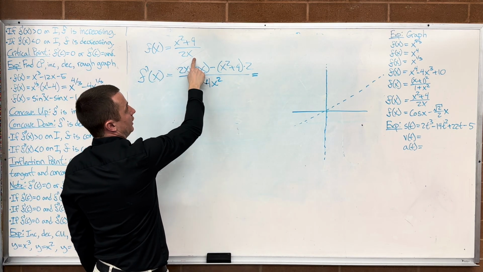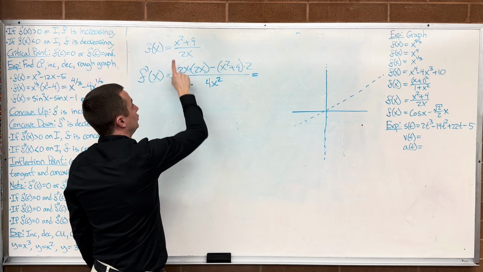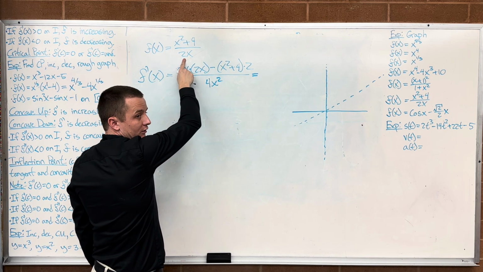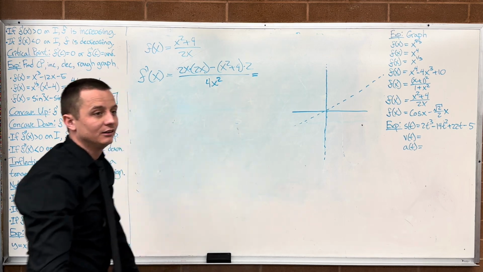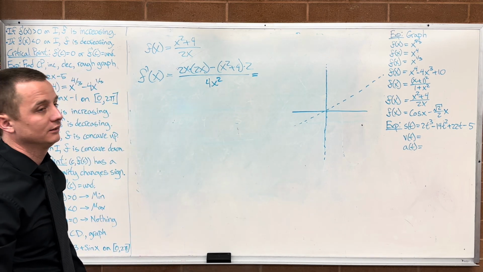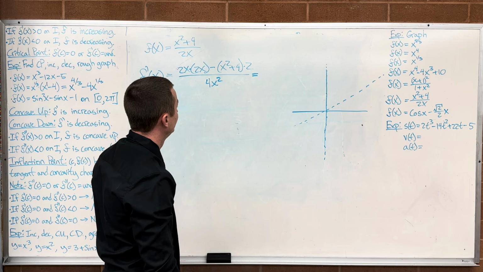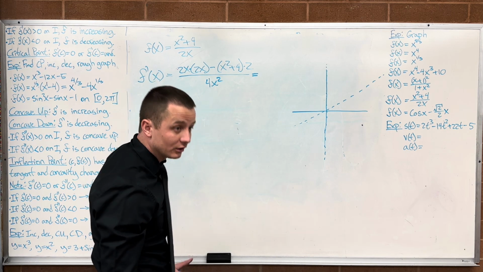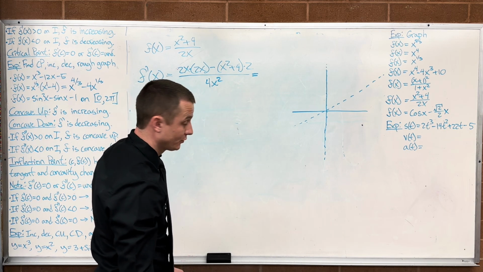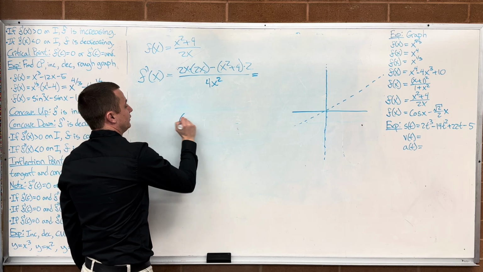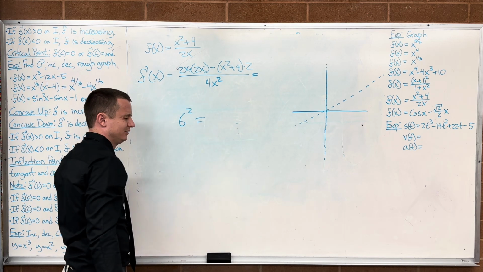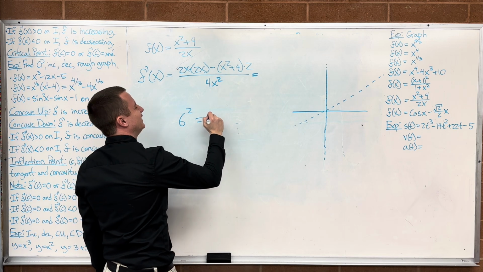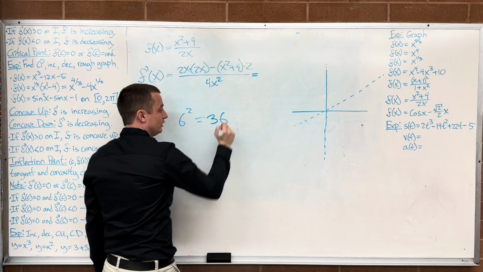I squared that. What's 2 squared? What's x squared? X squared is x squared. And 2 squared is 4. Oh, you squared them both. I squared the bottom. Okay. What is 6 squared equal to? 36.